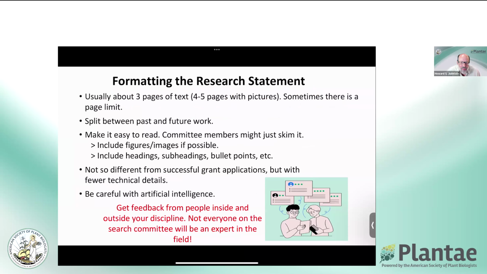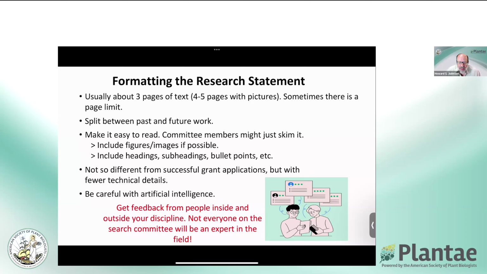Okay, so how do you format the research statement? Sometimes the university or the institution will give you a page limit, but typically they're usually about 3 pages of text. If you include pictures or figures, which I recommend, then they may go up to 4 to 5 pages. And as I said, this will be somehow divided between your past and your future work.